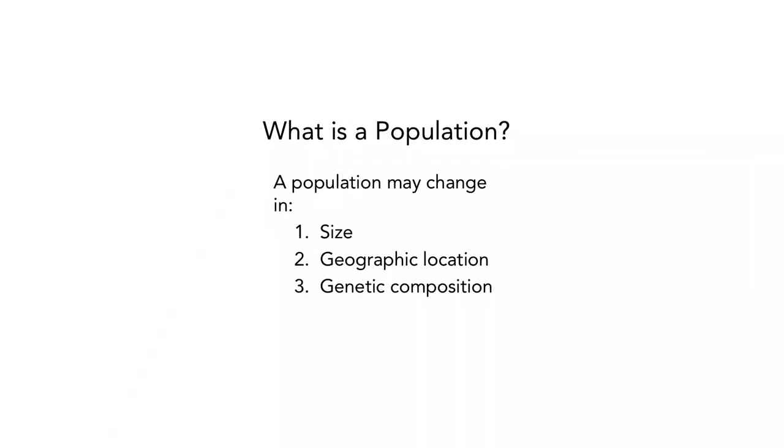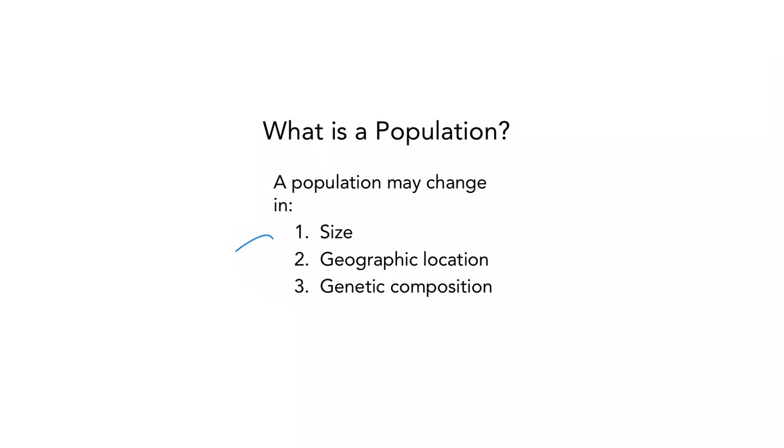Now, another thing I want to remind y'all of is, what is a population? A classic definition is a group of interbreeding individuals in a given location and at a given time. Now, populations can change, and they do. These are three major ways they can change. Their size can fluctuate, it can go up or down.